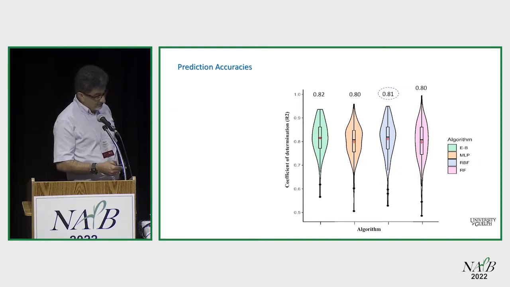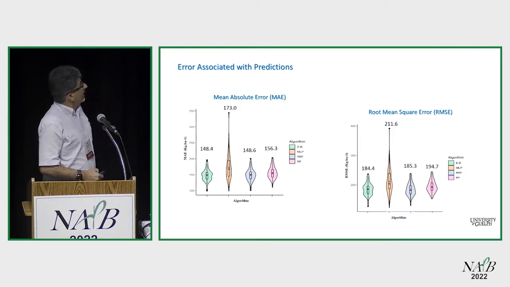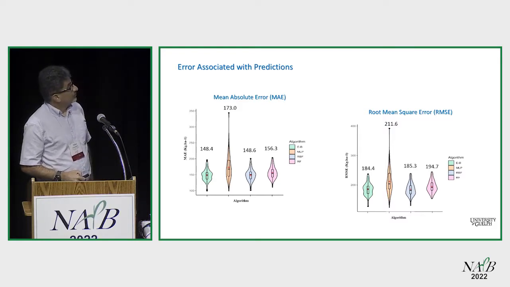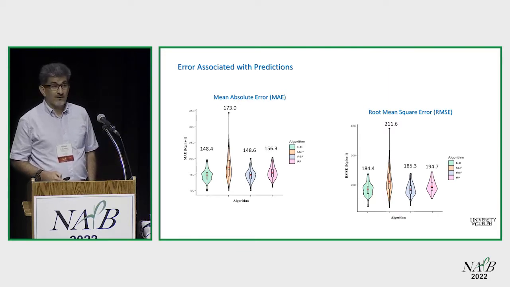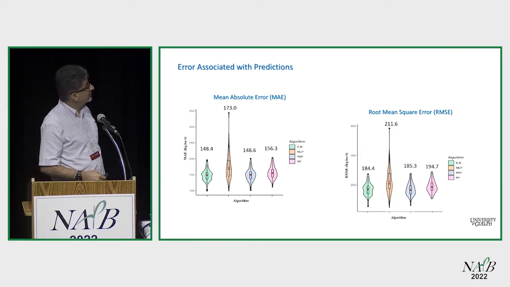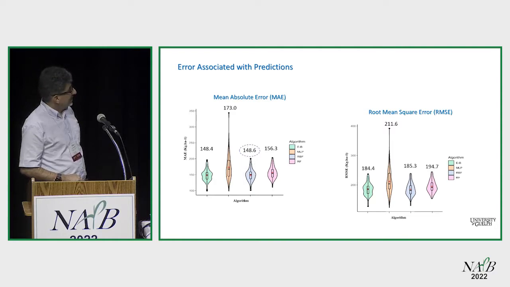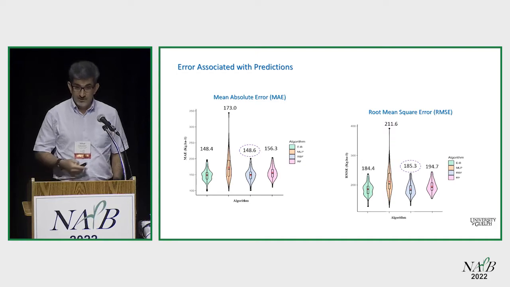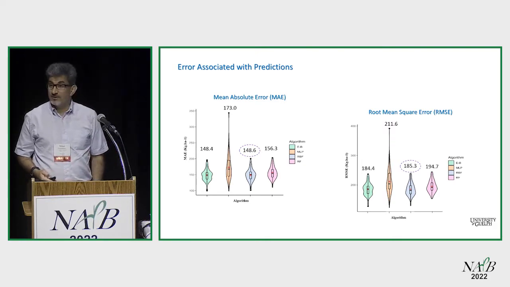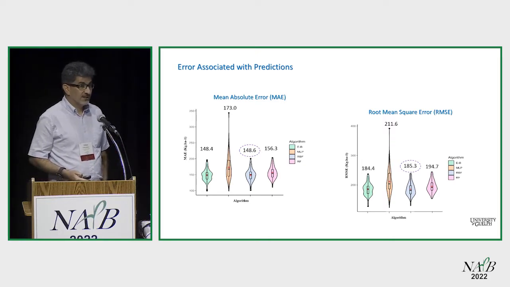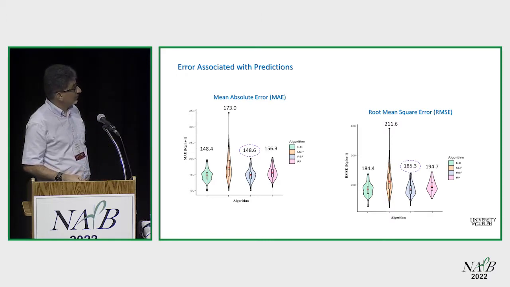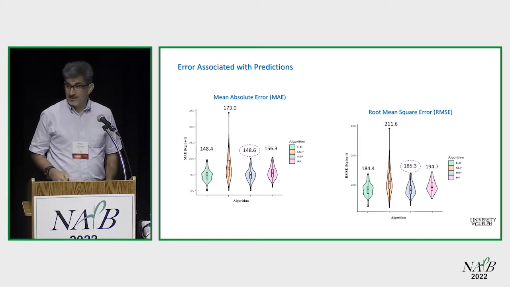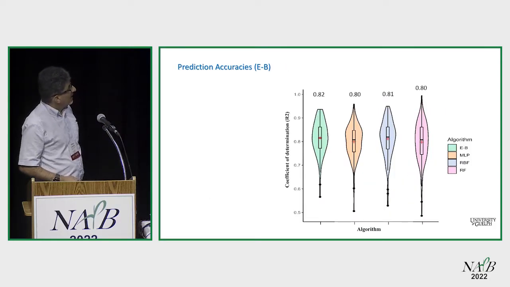When you look at the mean absolute error and root mean square error as indicators of the error associated with the prediction, you will see that RBF has a lower MAE and RMSE compared to the other individual models. So the take-home message is that all three machine learning models perform relatively well, but if we have to pick one of them, RBF has a better estimation.